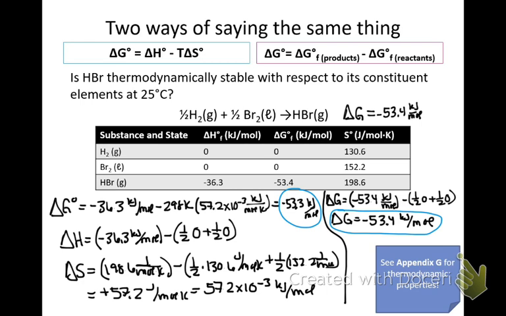Yes, we see that the reaction is spontaneous in the forward direction, so that means that HBr is more stable than the elements. If you have elements, they are going to spontaneously form HBr under standard conditions. Cool.